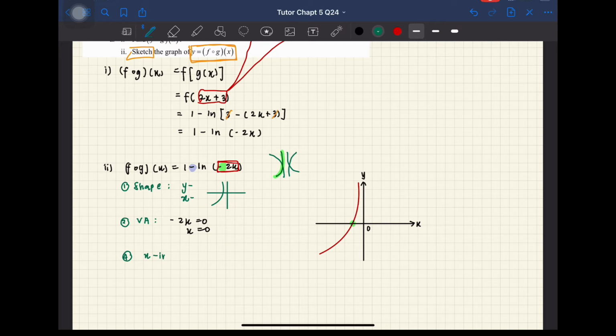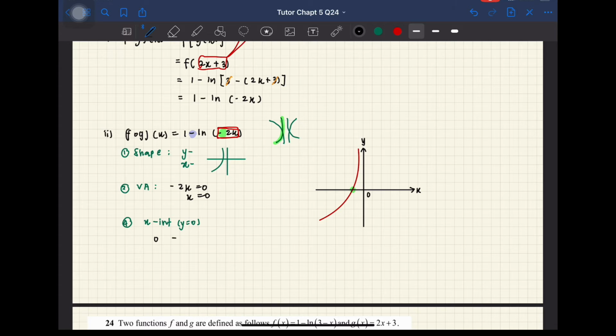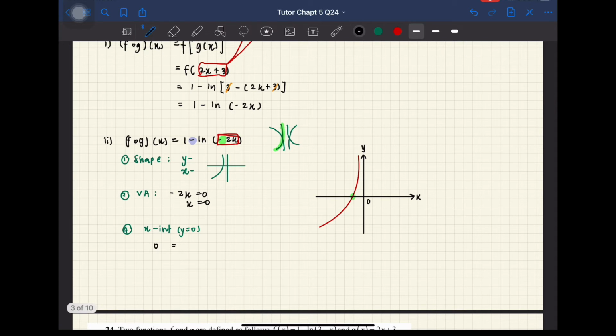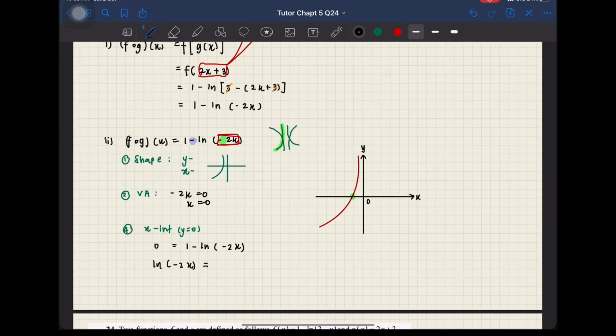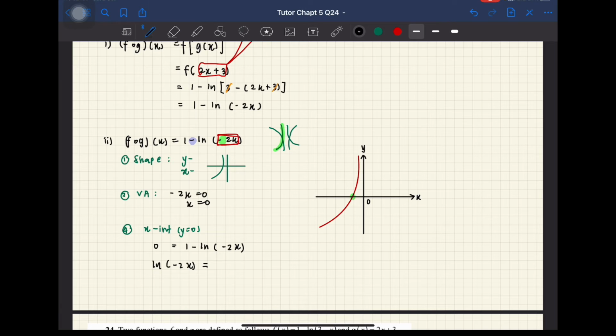So that one is our fourth step. To find the x-intercept is when y equal to 0. Okay, so awak buat equal to 0 kat depan. And then equal it to 1 minus ln negative 2x. Okay, so from here awak akan dapat ln negative 2x is equal to 1.